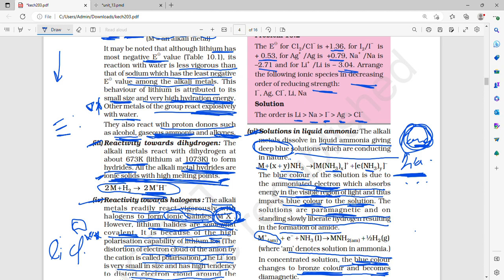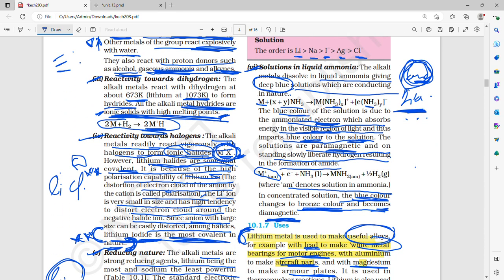All other alkali metals react explosively with water, and the behavior of lithium, which does not react as aggressively, is due to its very small size and very high hydration enthalpy or hydration energy. And all other alkali metals also react with proton donors such as alkynes, alcohol, and gaseous ammonia.